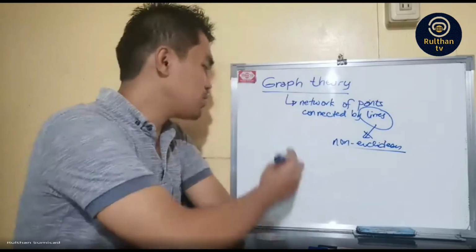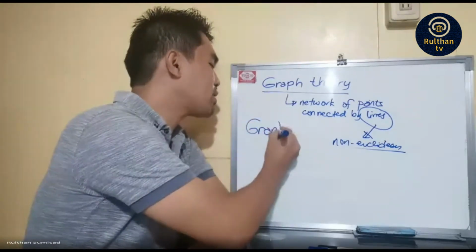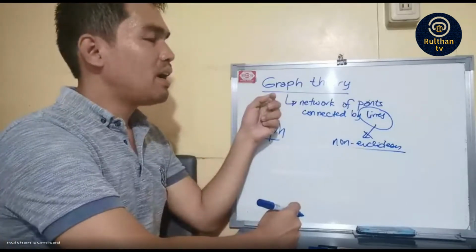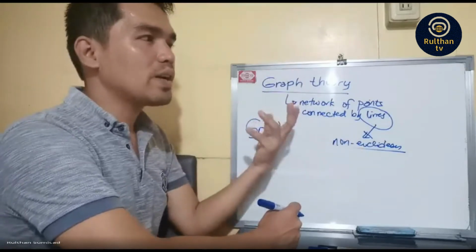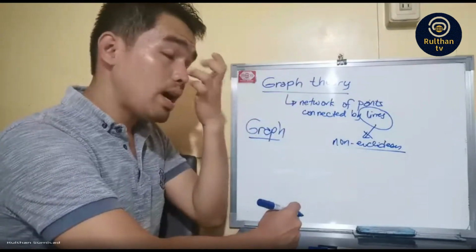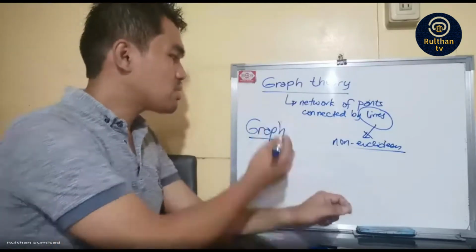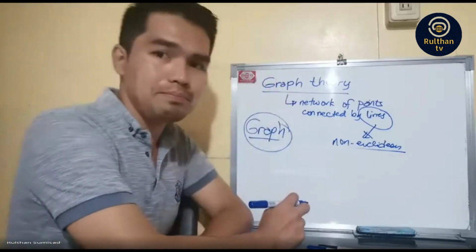Now let's go to defining the term graph. Who has an idea what a graph is? Graph theory is a branch of mathematics that focuses on points connected by lines, or a network of points connected by lines. Now, let's talk about the graph specifically, which is actually the heart of graph theory.